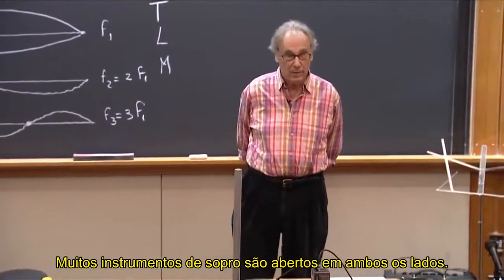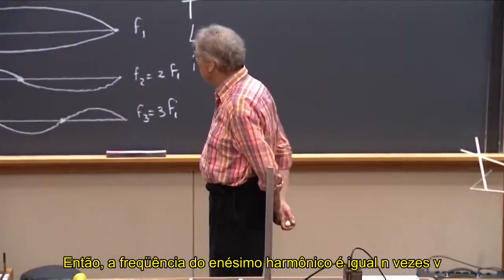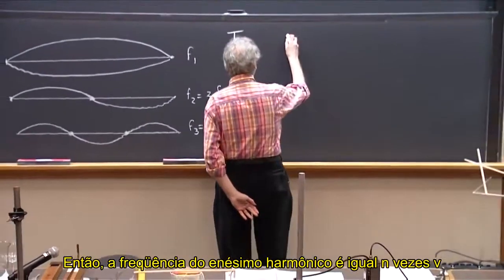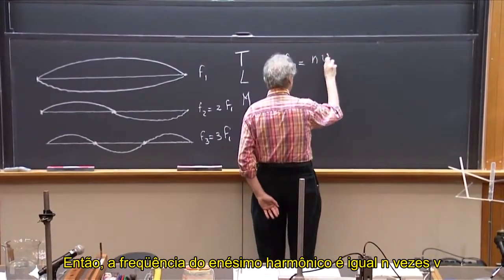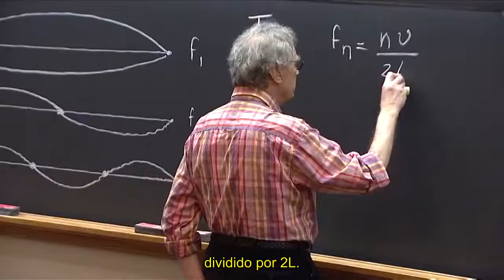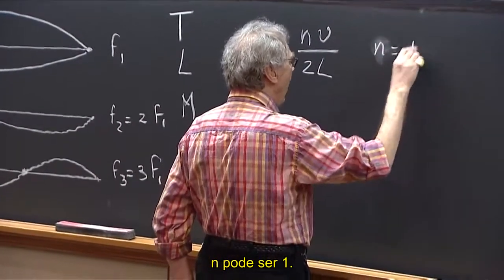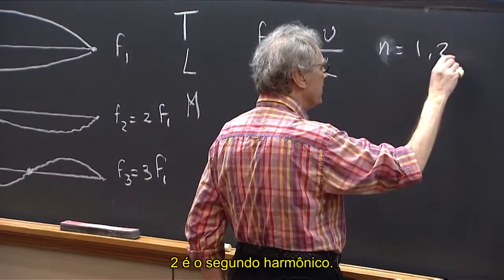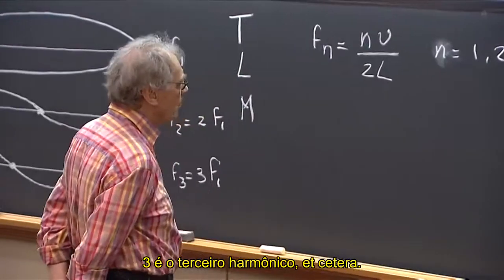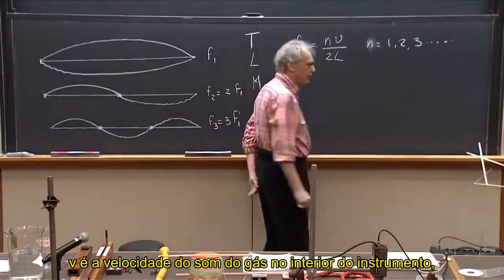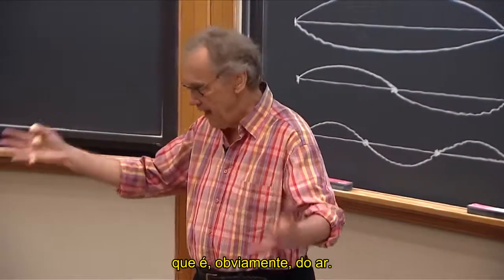Many wind instruments are open on both sides. Then the frequency of the nth harmonic equals n times v divided by 2L. n can be 1, that is the first harmonic, 2 is the second harmonic, 3 is the third harmonic, etc. v is the speed of sound of the gas inside the instrument, which is obviously air.